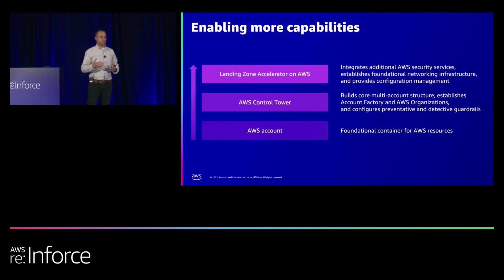Landing Zone Accelerator is designed to ask those types of questions and make it easier to stamp out those configurations without having to deploy additional CloudFormation on top of Control Tower or do additional customizations. So we integrate more of the AWS security services, more of the foundational networking, your VPC structure, and additional configuration management.